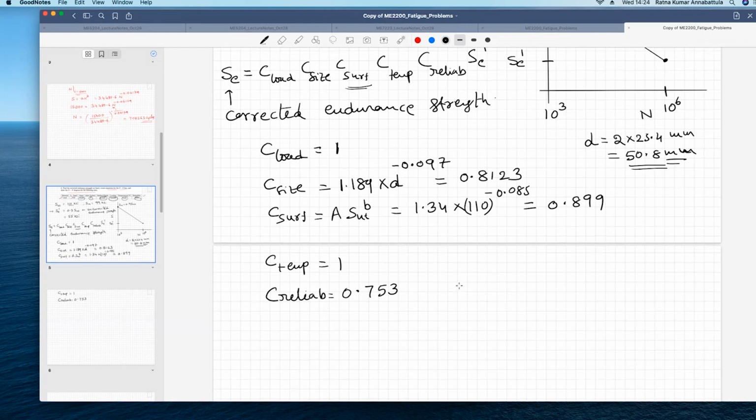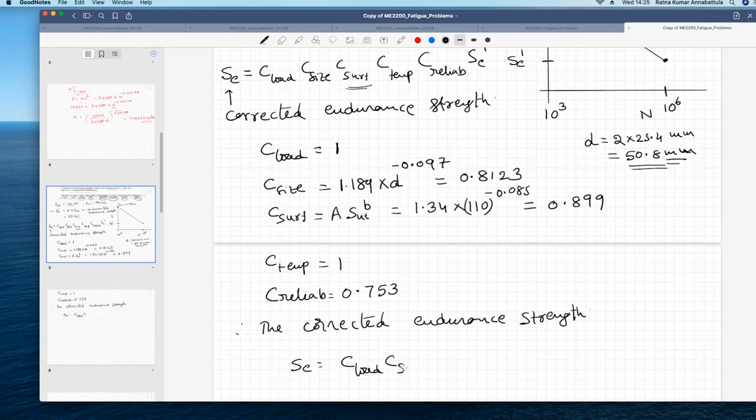other factors are 1. Therefore, the corrected endurance strength or limit SE is equal to C load, C size, C surf, C temp, C reliability times SE dash.